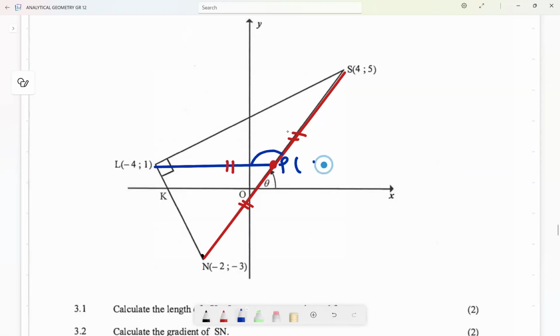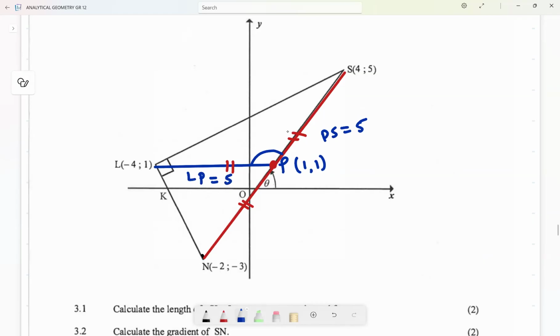Remember the coordinates here are 1 and 1. So find distance PS. When you find distance PS, I think you'll get something like 4 minus 1, it is 3. Then 3 squared, okay, this is going to be 5. And then the length of LP is going to be 5, since they're equidistant.